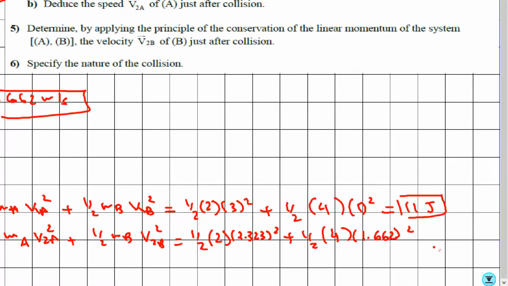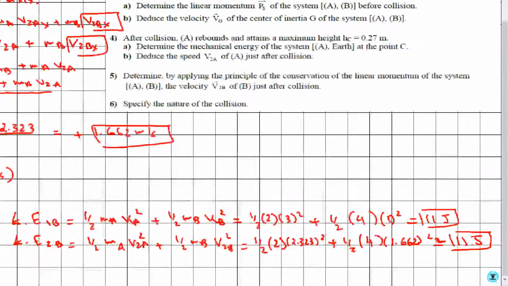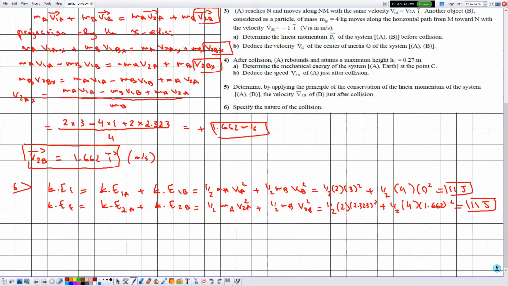As you can notice, during the collision there is a redistribution of speeds, and plugging this on the calculator, this would give us 11 joules.